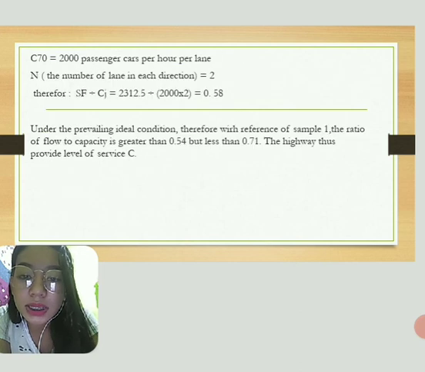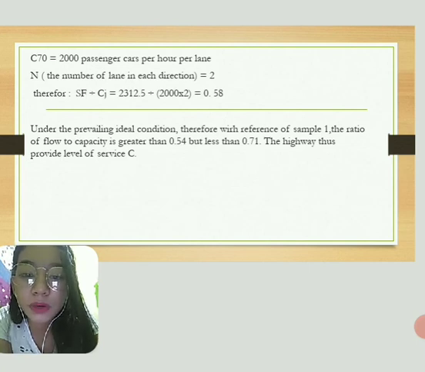Under the prevailing ideal condition, with reference to the table, the ratio of flow to capacity is greater than 0.54 but less than 0.71.